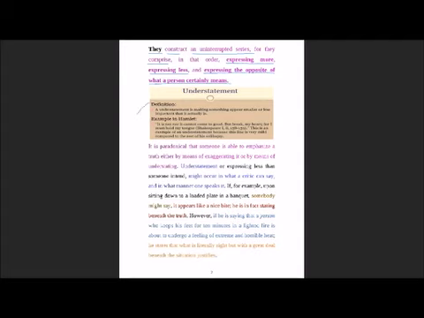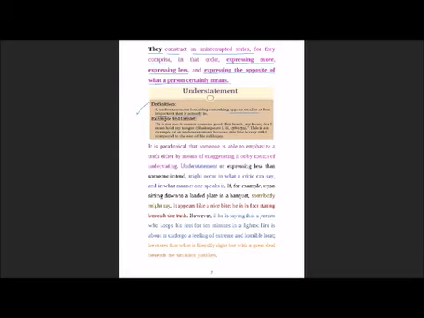Look at the definition of understatement in this picture. Understatement is making something appear smaller or less important than it is in reality.